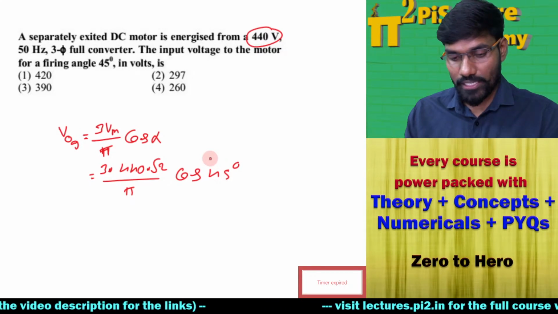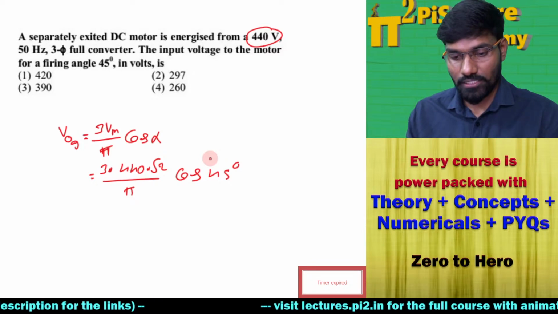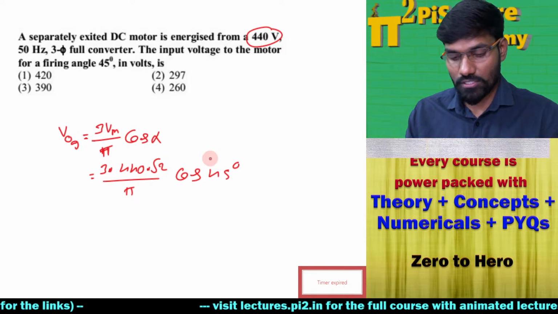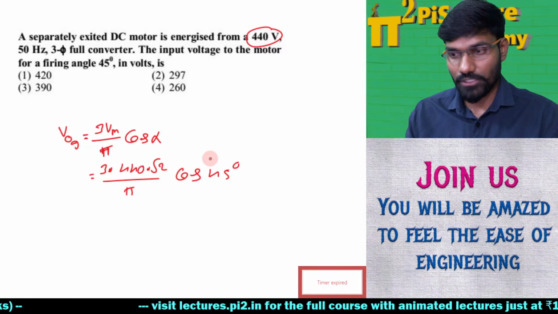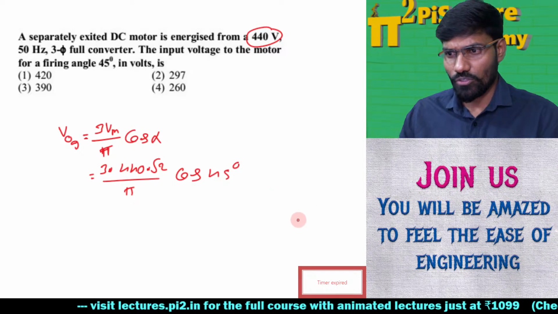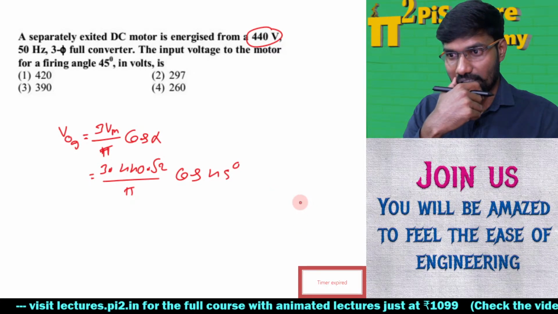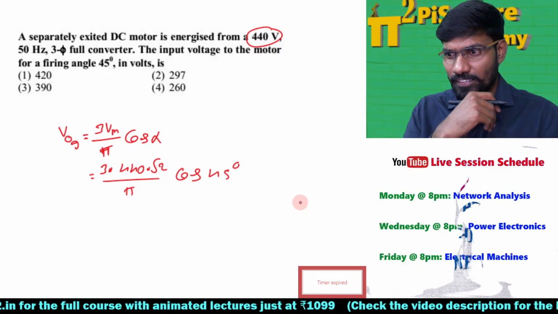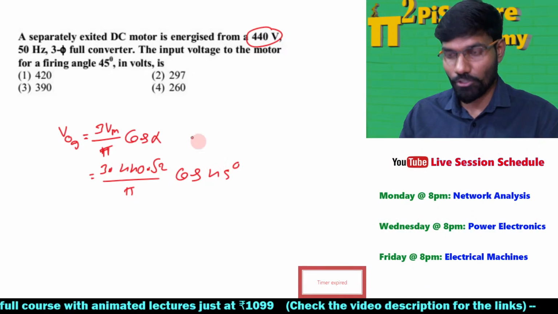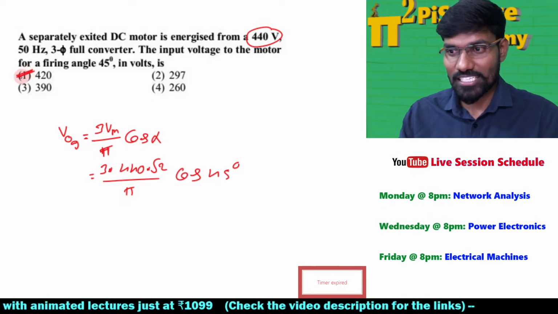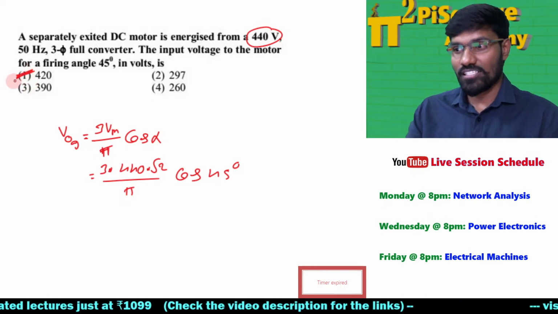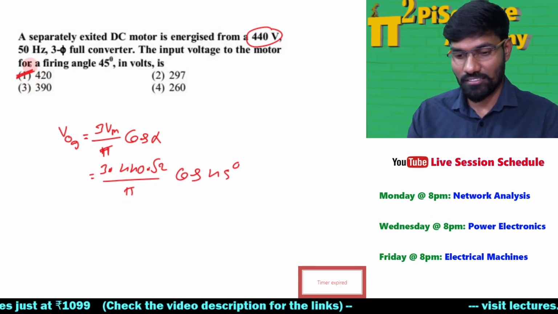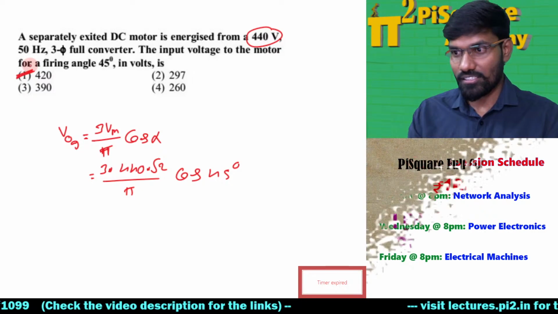Root 2 into cos 45. Oh no, what's that? Did I do something wrong here? No, I did it correctly. No option. Oh, 420 is available. I didn't see that. This is the answer.